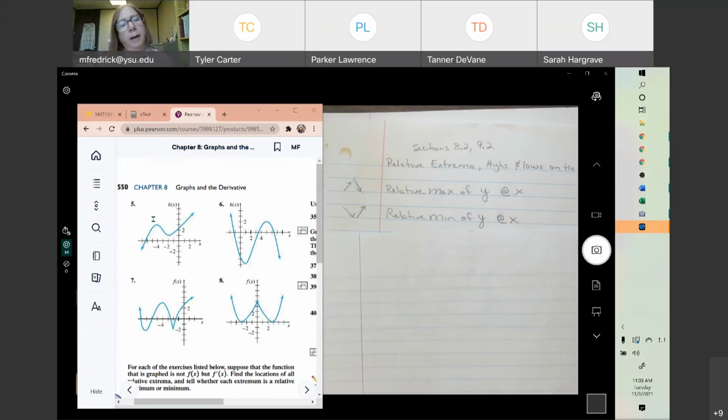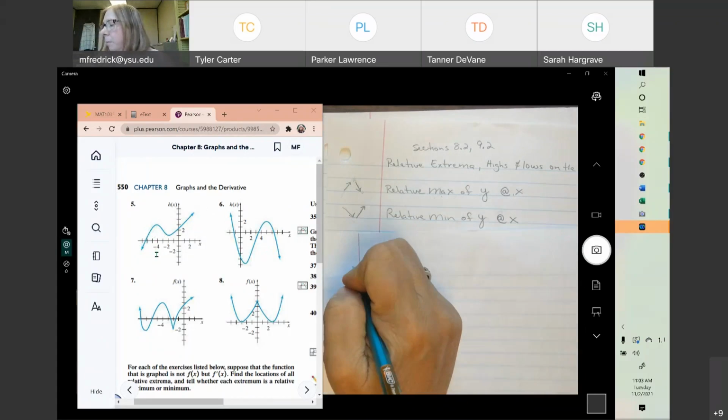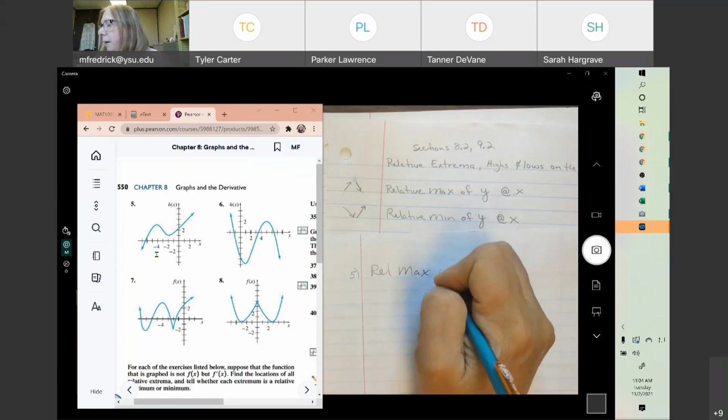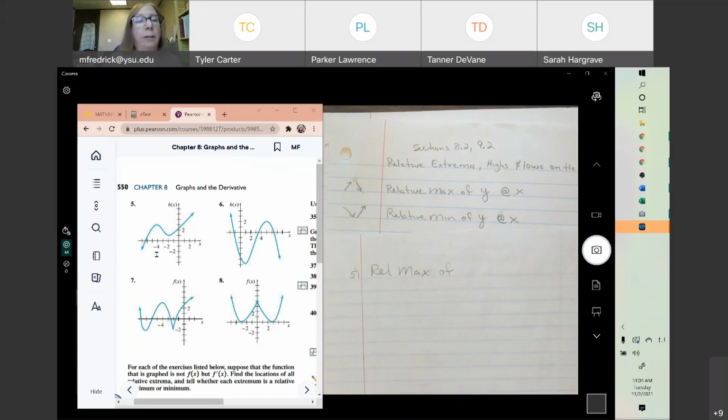So if we look at number 5, it's increasing and then it's decreasing. So there's a high right here, which means there's a relative max of, and then you use the y value. If I look at the top of this graph, it goes across to the 3.